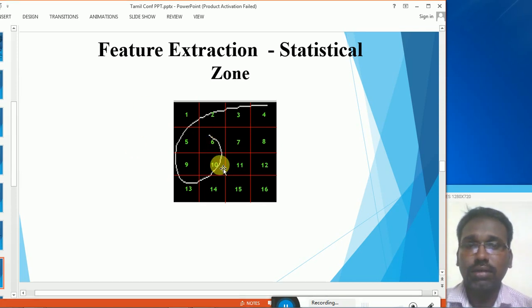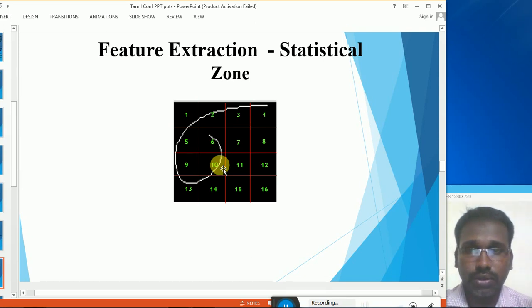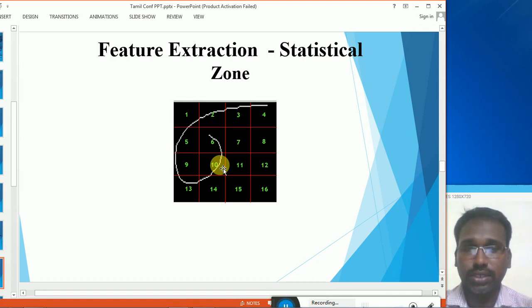The pixel density is calculated in each zone, and the average pixel density is also calculated across all zones. The zones whose pixel density is above the average are taken for feature analysis.